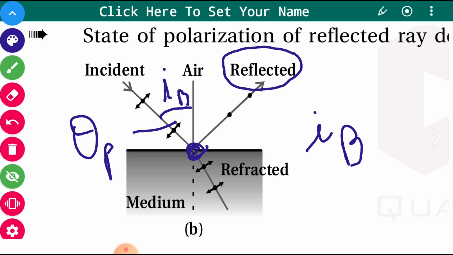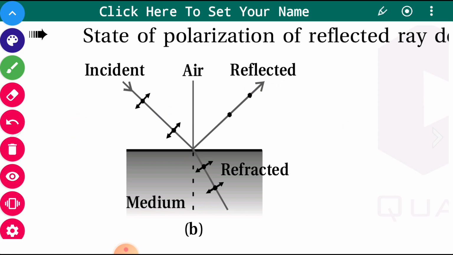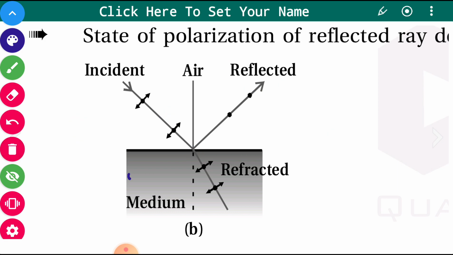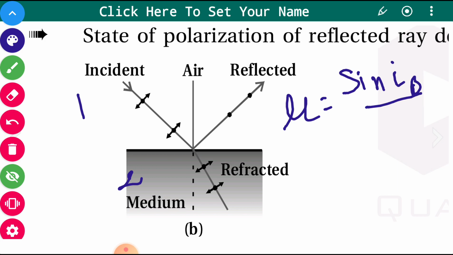Now if we apply Snell's law here, this is our second medium and this is our first medium, then the refractive index of medium 2 with respect to medium 1, denoted by mu, will be sin IB upon sin R. Here IB is the Brewster's angle.